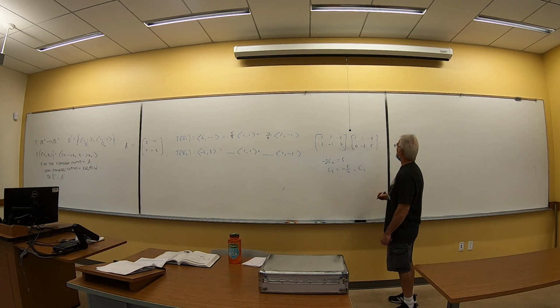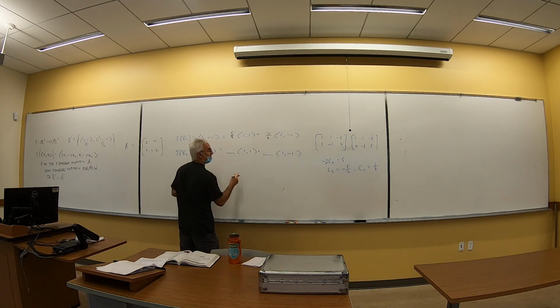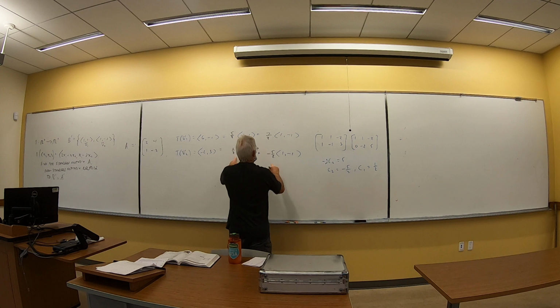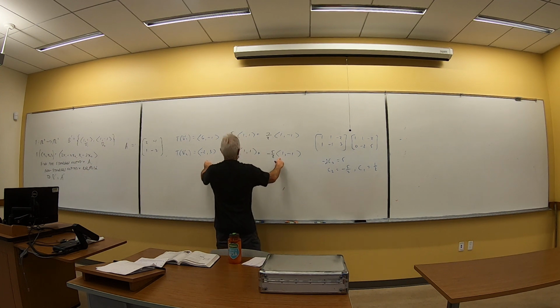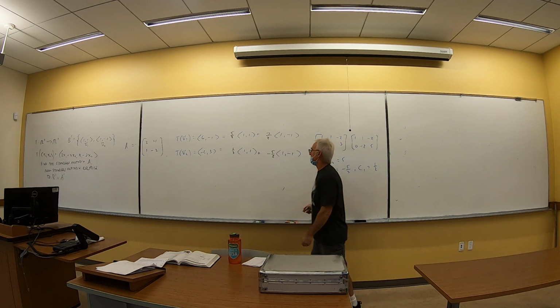So if C2 is negative 5 halves, then C1 looks like it'll be positive 1 half. All right, so let's see if that works. Oops, plus sign there. Does that work? 1 half minus 5 halves is negative 2. 1 half plus 5 halves is positive. Okay, cool. We did it right.